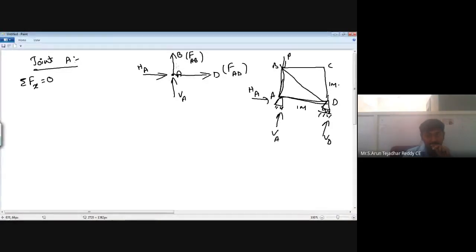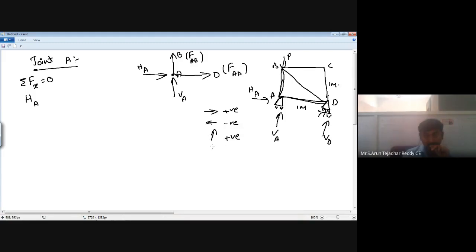That is two horizontal forces, HA and FAD. Write down HA and remember your directions. Don't forget your directions.